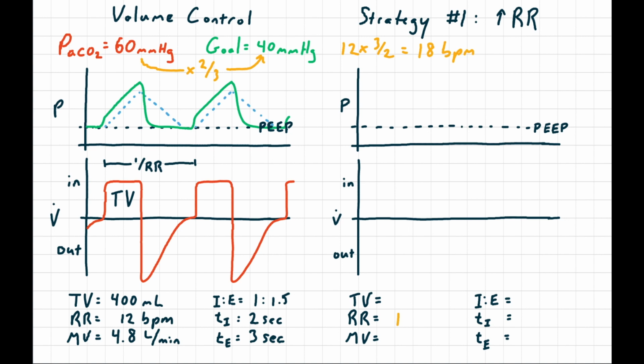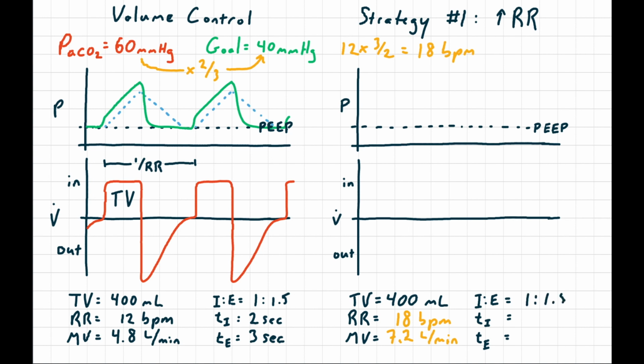If the respiratory rate is 18 breaths per minute, and the tidal volume stays unchanged at 400 milliliters, our new minute ventilation will be the product of those, which is 7.2 liters per minute. We're going to go ahead and assume that this is a ventilator where we set the I/E ratio, so that ratio will not change. It's still 1 to 1.5.